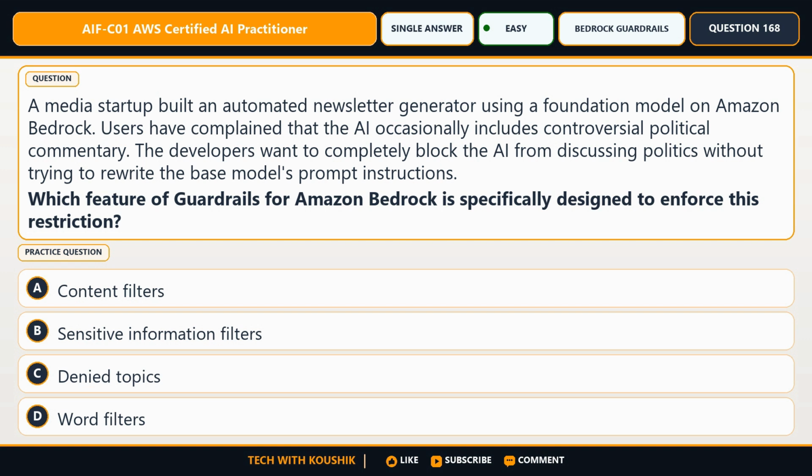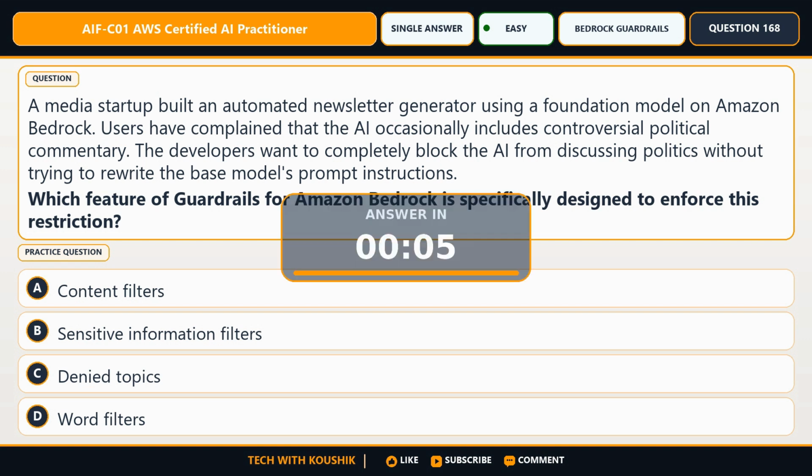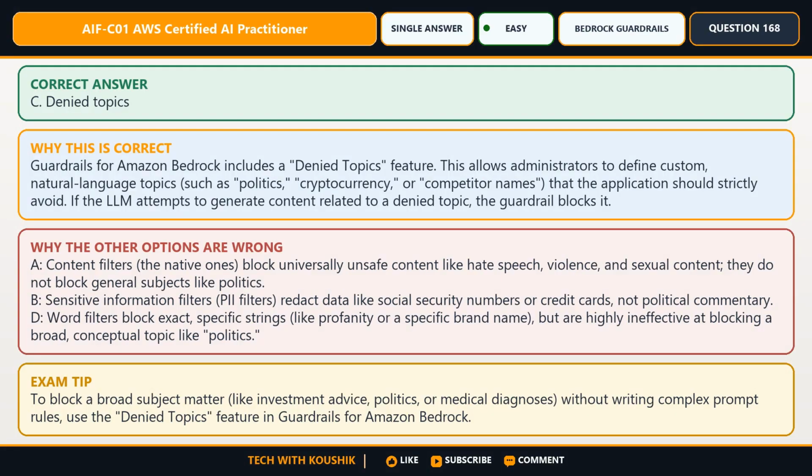Review the options. Choice A. Content filters. Choice B. Sensitive information filters. Choice C. Denied topics. Choice D. Word filters. The correct choice is C. Denied topics.